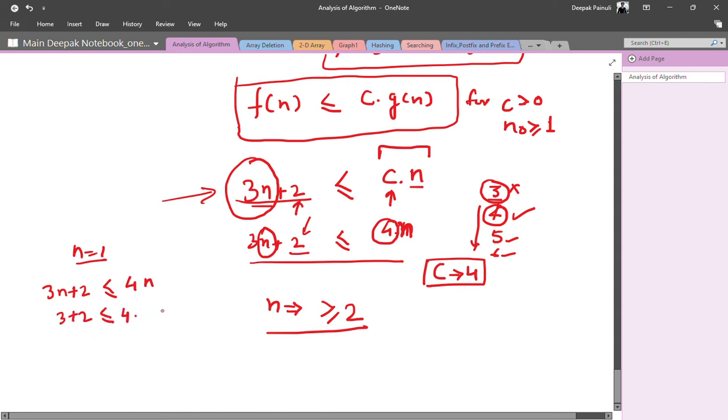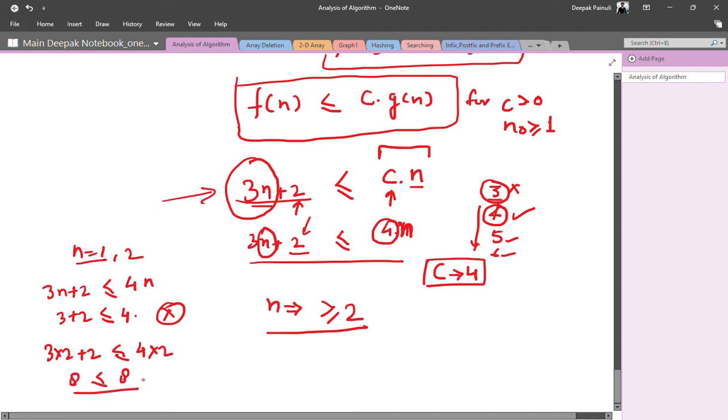So it doesn't hold true, right guys? Now take n as 2. 3 into 2 plus 2 should be less than or equal to 4 into 2. So 6 plus 2, 8 equals 8.